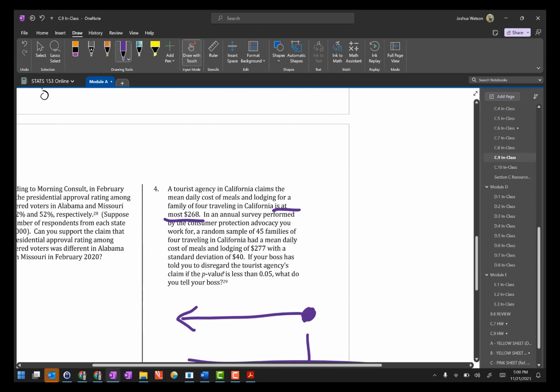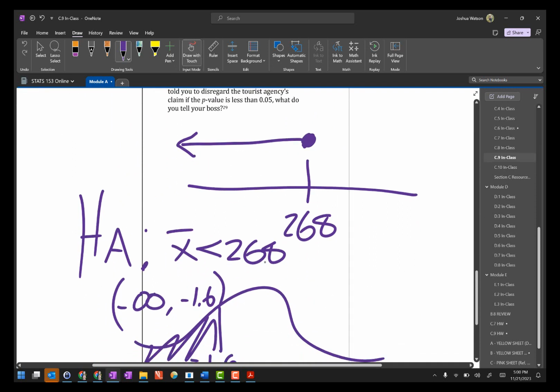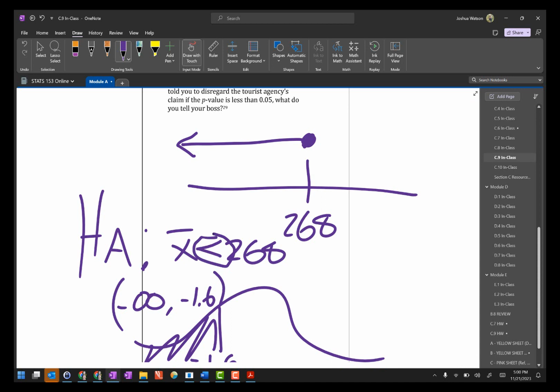Likewise, every time we have a less than symbol, it will be a left-sided, one-tailed test. To say that again, a less than symbol in the alternate hypothesis is always a left-sided, one-tailed test, until we get to chi-squares in section D, which kind of breaks those rules a little bit, but that's a different kind of test.